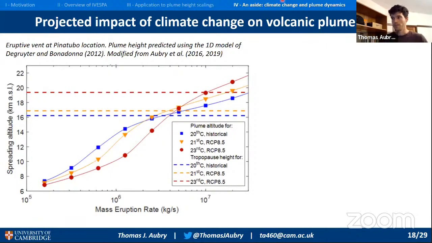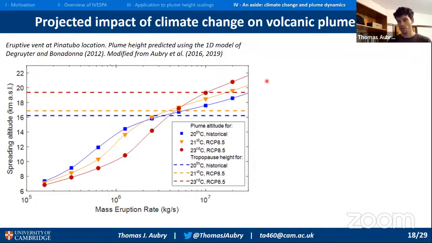So very briefly, because I guess not everyone has thought about this, some of you may have heard that climate change is expected to affect volcanic eruption frequency, because glacier and ice sheet retreat result in more frequent eruptions. That's an effect that's quite well constrained.